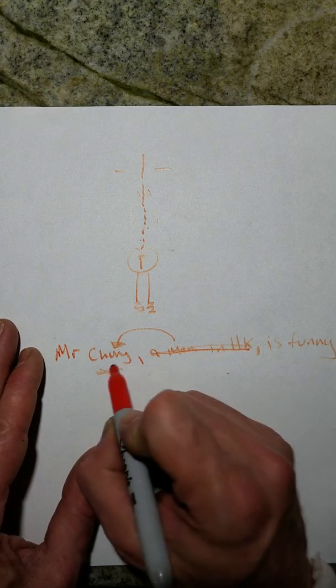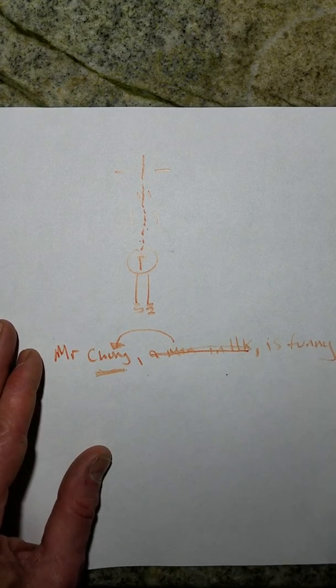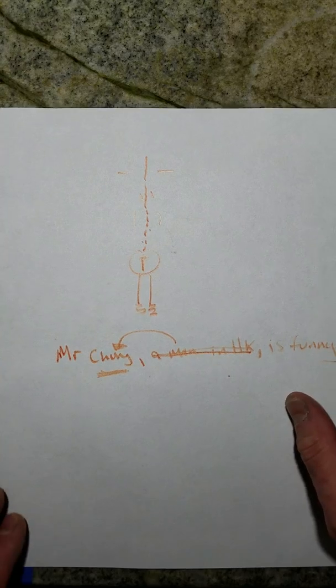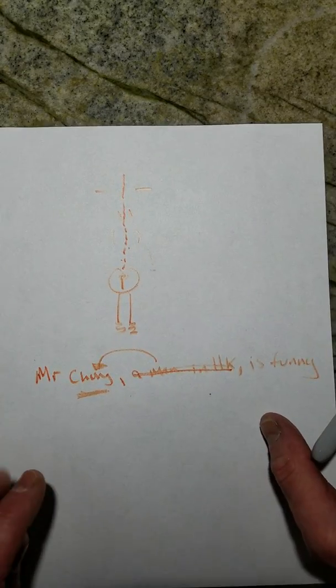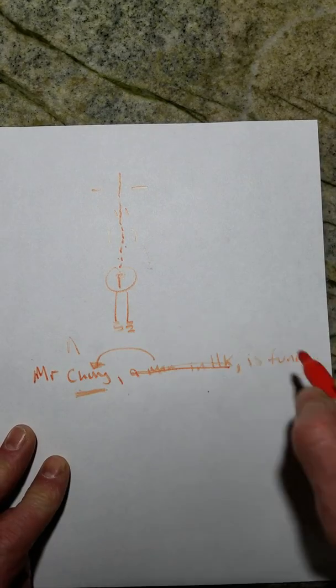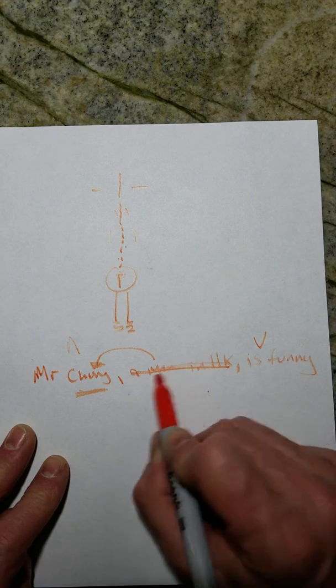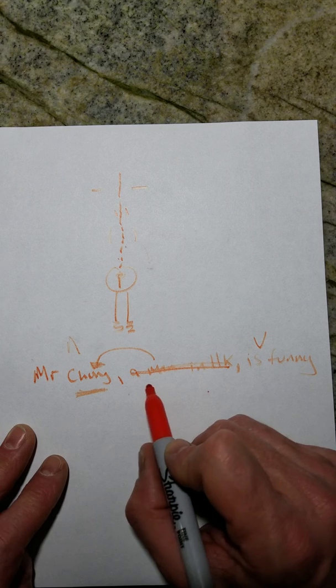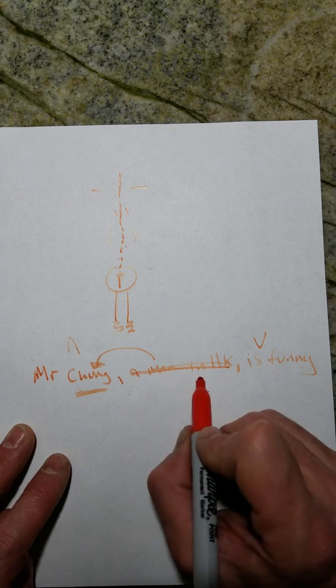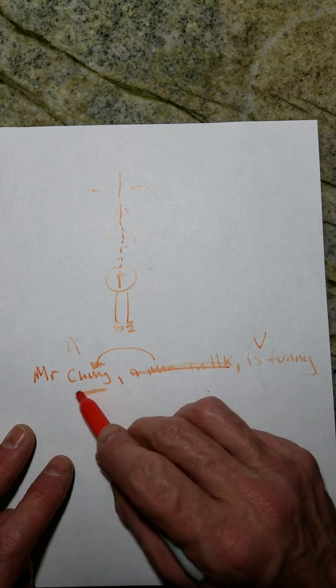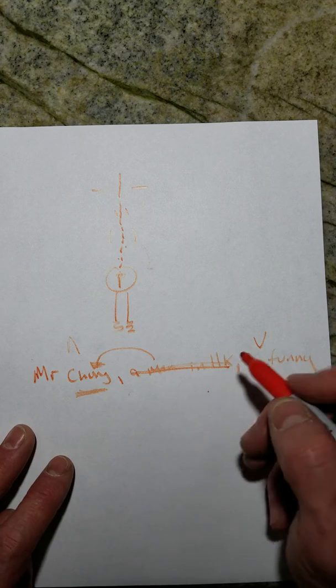Everything that's non-essential usually goes right back to the noun and kind of defines it like a little mini definition almost. All right? This is the noun and this is the verb. This prepositional phrase or comma splice or dashes or brackets, parentheses, is nothing more than non-essential information about the word that's right before that. It can be crossed out.